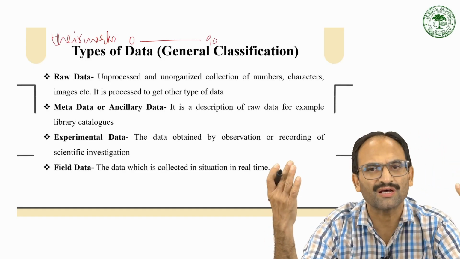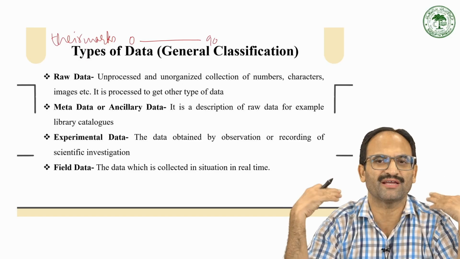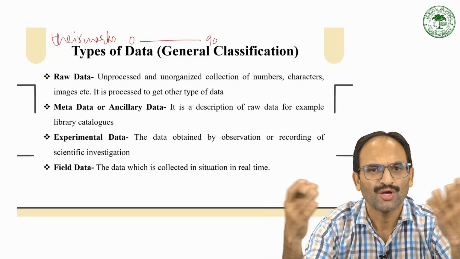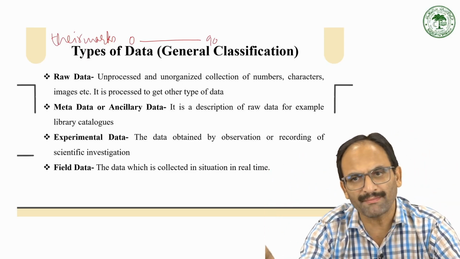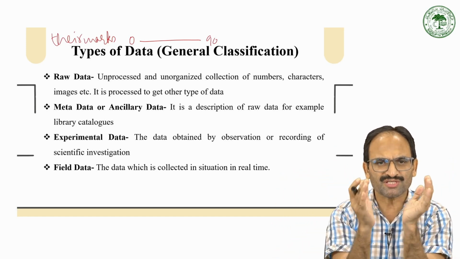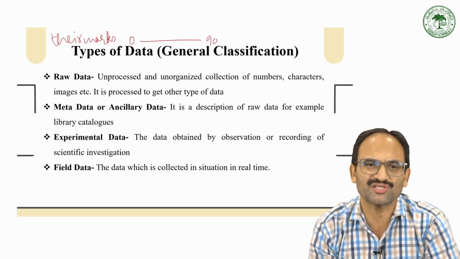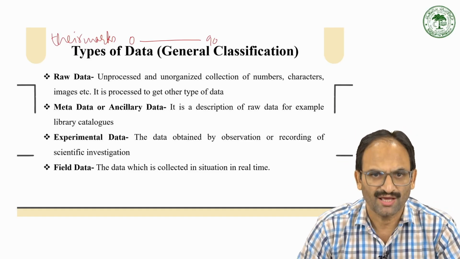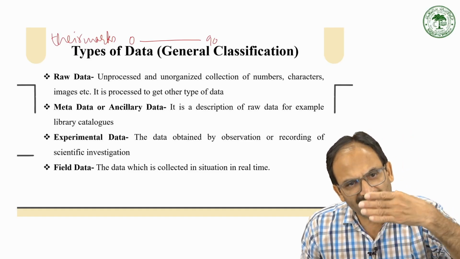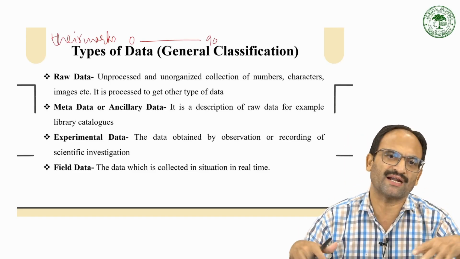So this is raw data, I mean unprocessed, unclassified, untabulated. It might be some numbers, some characters, some images. So simply unprocessed and unorganized data is known as raw data. What we do next, we process this raw data to get other types of data.